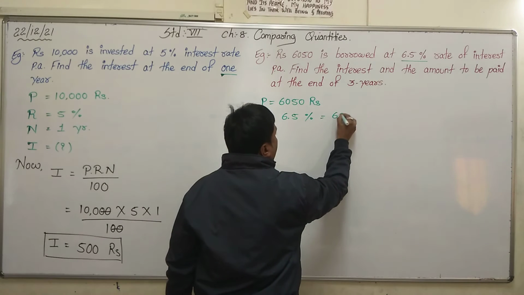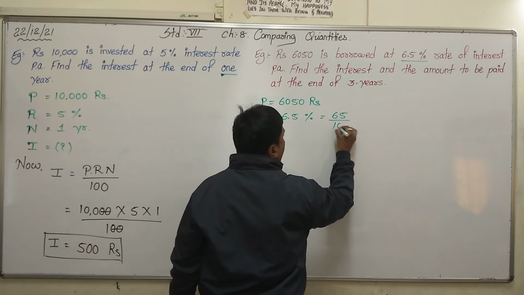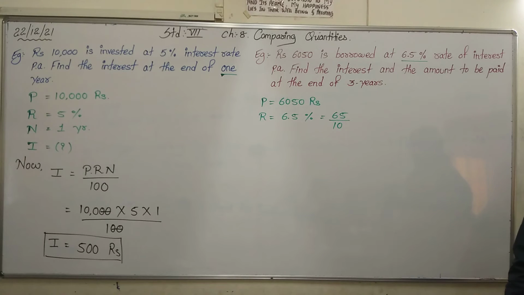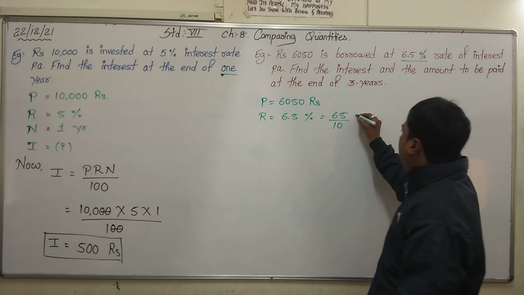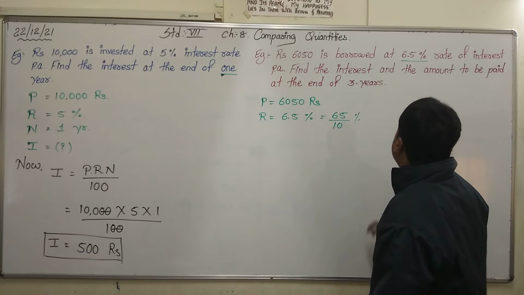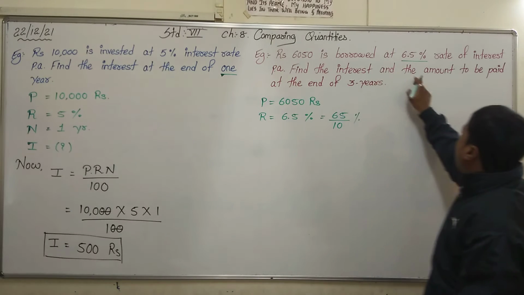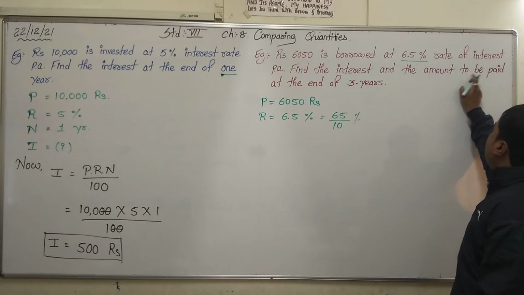That can be written as 65 upon 10 by removing the decimal, right? That will be 65 upon 10% per annum. Find the interest and the amount to be paid.